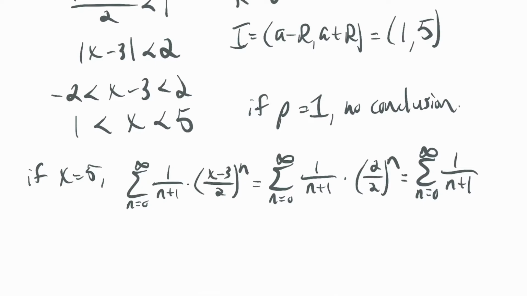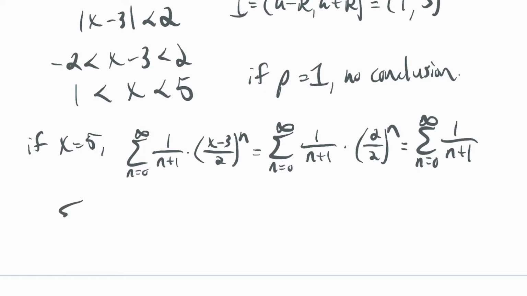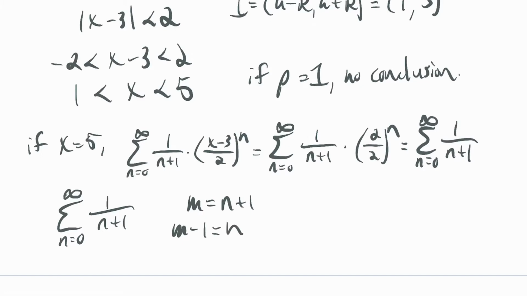There's a couple of options. This series starts at 0, so I'm going to do a change of variable. In most of the series tests we dealt with before, you start with n equals 1. So I'm going to say that m equals n plus 1, so that m minus 1 equals n.